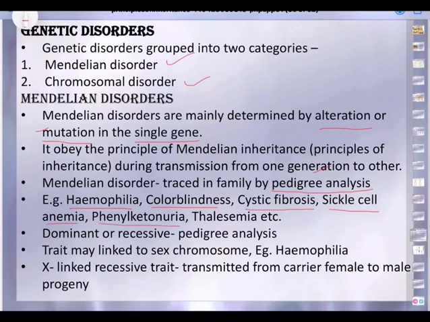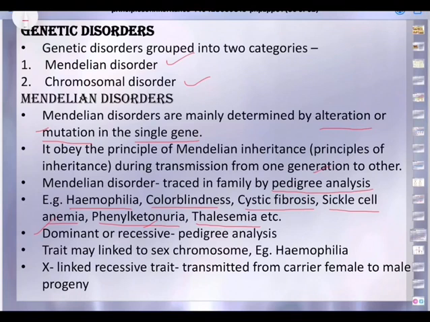Out of that, some of the disorders we will be studying in this class: hemophilia, color blindness, cystic fibrosis, sickle cell anemia, phenylketonuria, and thalassemia. These are the various genetic diseases that we will be studying.